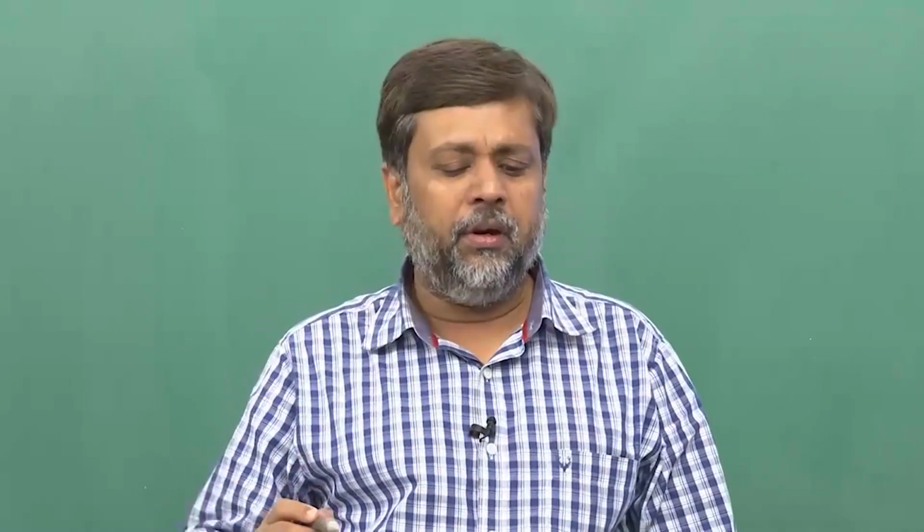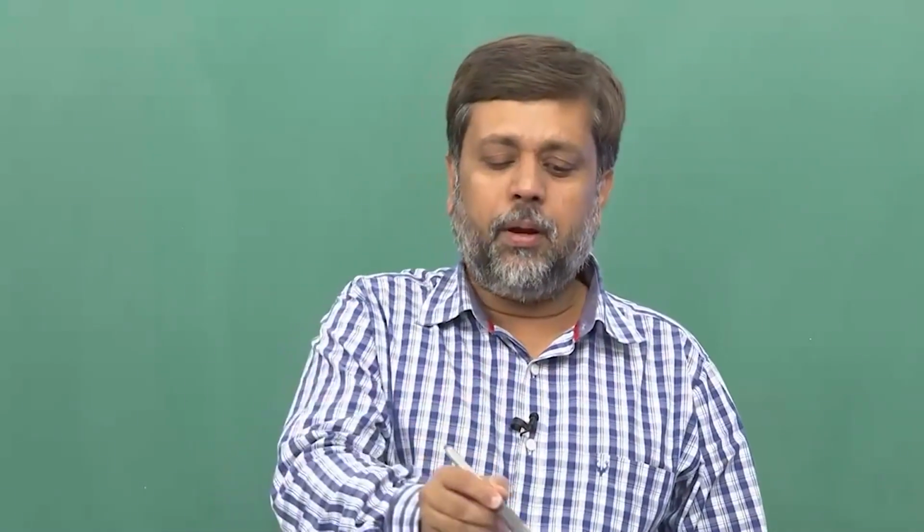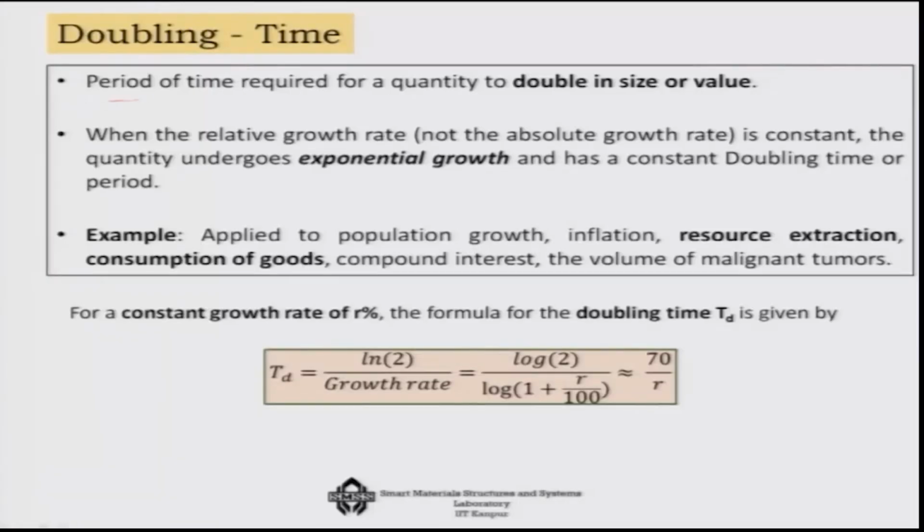So, what is the doubling time? The definition of doubling time is that it is the period of time required for a quantity to double in size or value. That means, if you think of the x axis as time and the y axis as the demand of a particular material, and let us say that the demand is increasing exponentially.